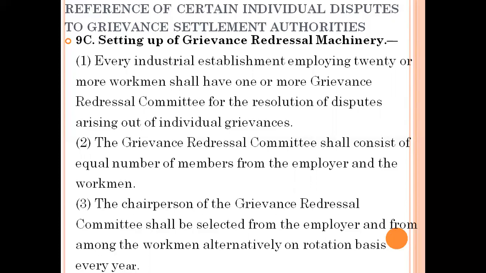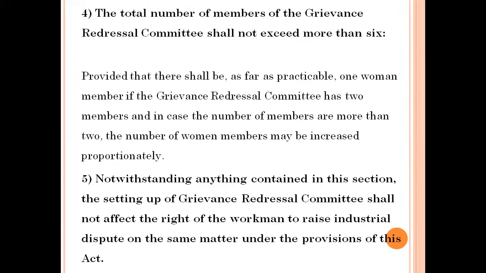Second one, the grievance redressal committee shall consist of equal number of members from employer and workmen. The chairperson of the grievance redressal committee shall be selected from the employer and from among the workmen alternatively on rotation basis every year.